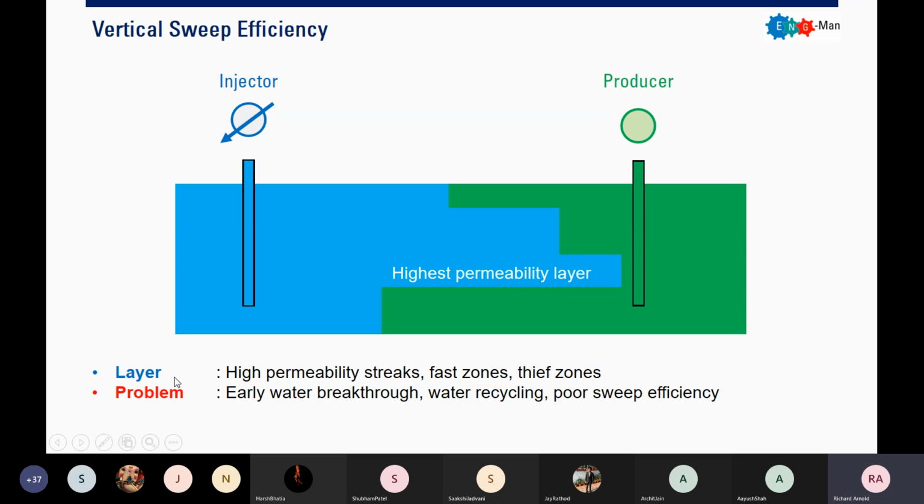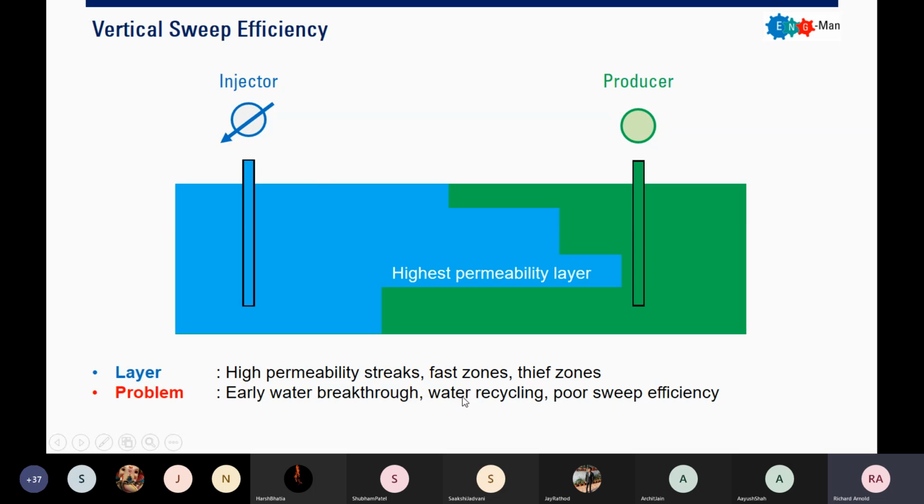Okay, our reservoirs are normally stratified or layered. There are a lot of high permeability streaks, fast zones, thief zones, fractures, and so on and so forth. Okay, and which will give us problems like, again, early water breakthrough and water recycling, which ultimately will give us poor sweep efficiency or poor vertical sweep efficiency.